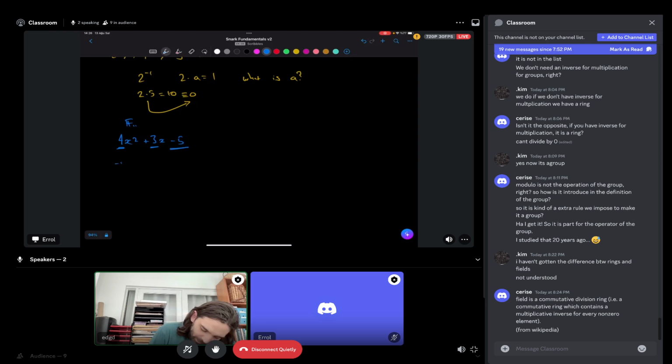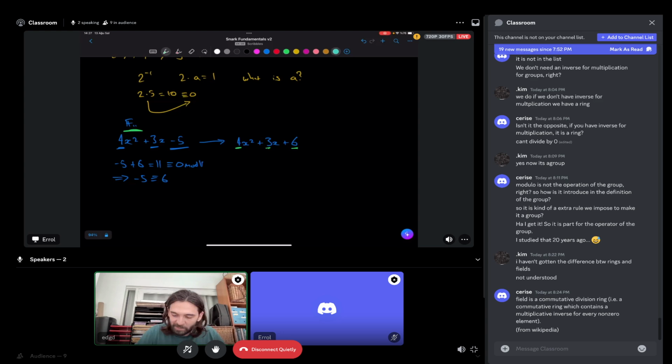But we know that minus 5 plus 6 equals 11, which is congruent to 0 mod 11, which means minus 5 is congruent to 6. So we'll convert this polynomial to 4x squared plus 3x plus 6. All these coefficients have to be from the field that we've set for our polynomial.